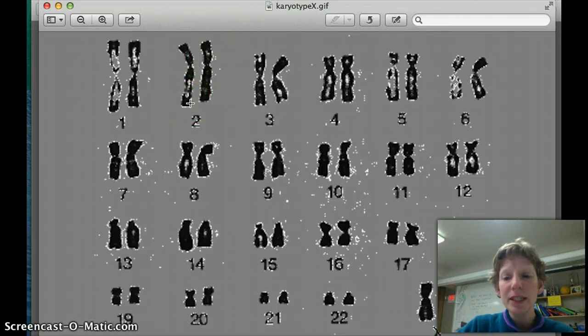And the reason they're paired is because all of the genes from dad and all of the genes from mom in these chromosomes have instructions for the same traits. So if this chromosome from dad has the code for eye color, then this gene in the chromosome from mom will also code for eye color.